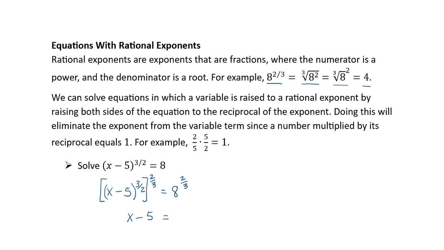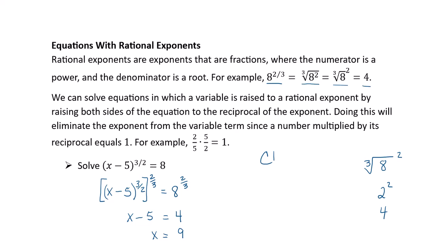Now, 8 to the 2/3, we can calculate on the side if we need to. We can write this as the cube root of 8 squared. I know the cube root of 8 is 2, and 2 squared is 4. So x minus 5 is 4. Adding 5 to both sides, I get 9.